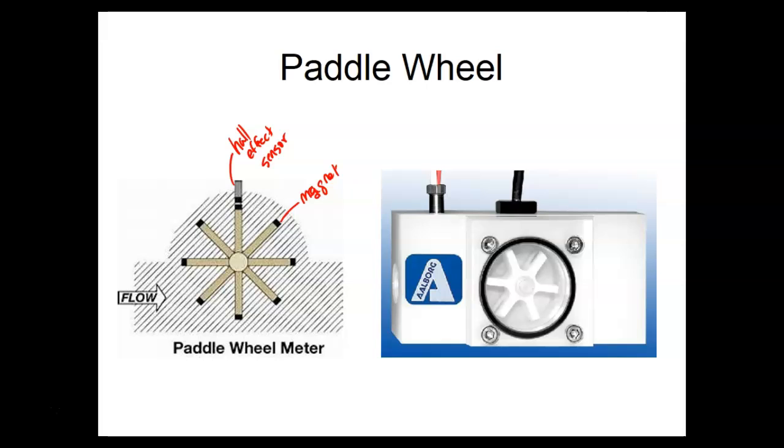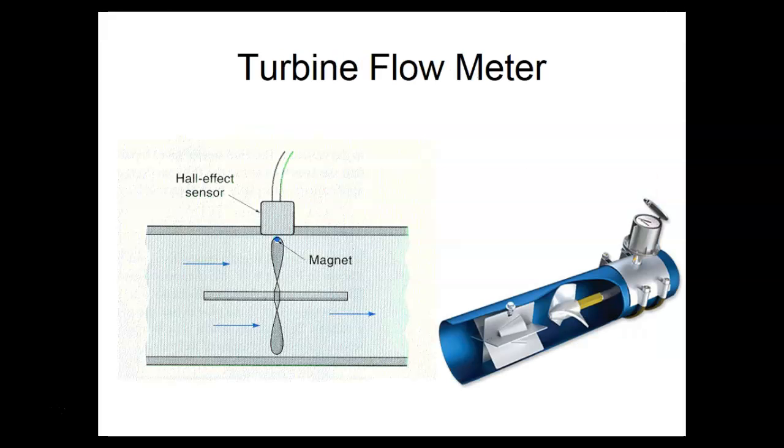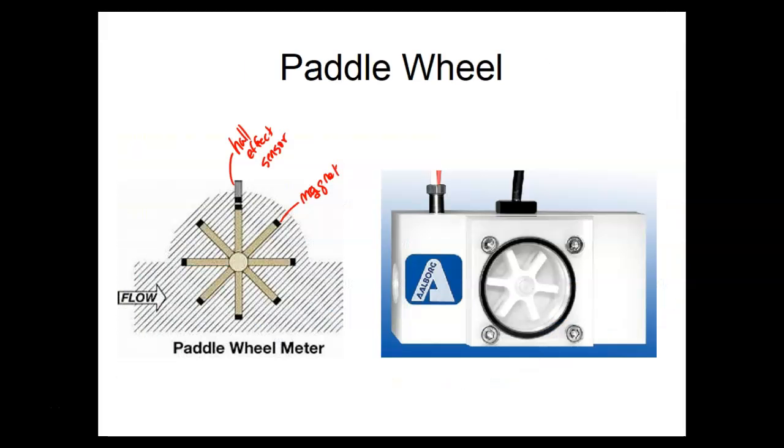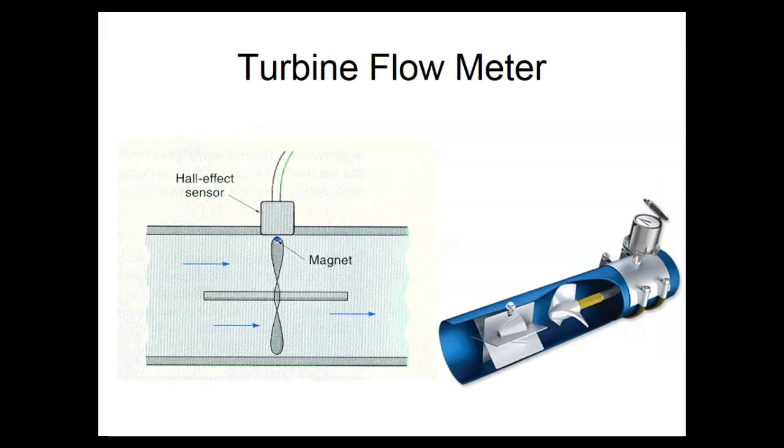So this is called a paddle wheel, and the next one works on almost exactly the same principle. This is called a turbine type. It works very, very similar to the paddle wheel, but over here the wheel is perpendicular, while here the prop or propeller is parallel with the flow.